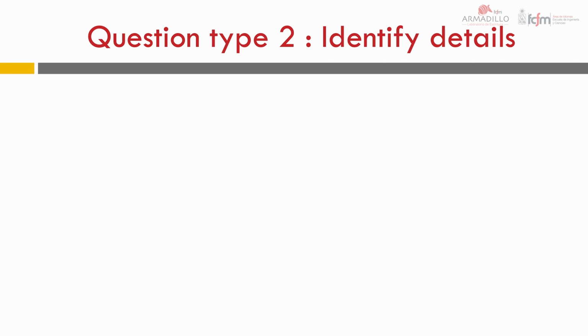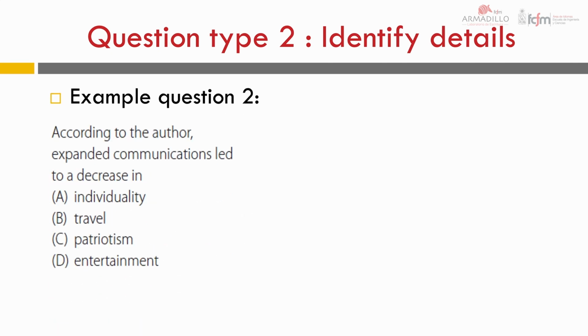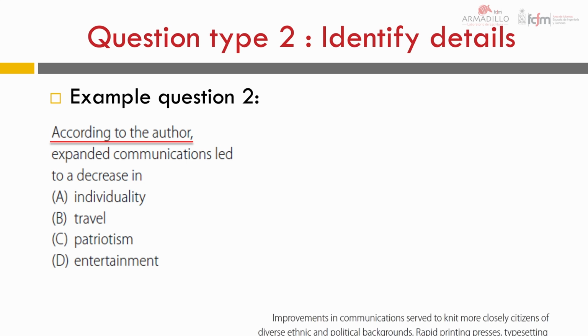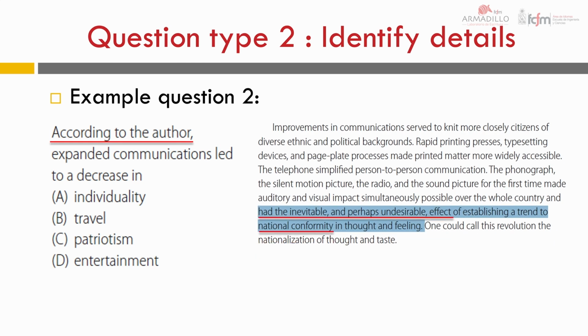All right? Here's another possibility for identifying details, that it says according to the author. So it's indicating a detail. You look at the text, here it is. It says, had the inevitable and perhaps undesirable effect of establishing a trend to national conformity in thought and feeling.